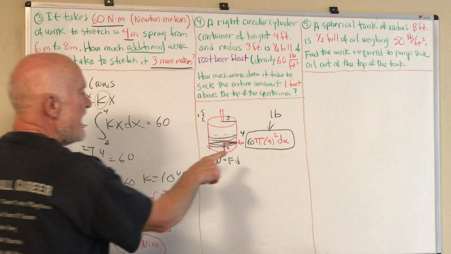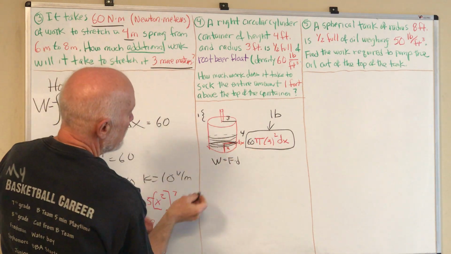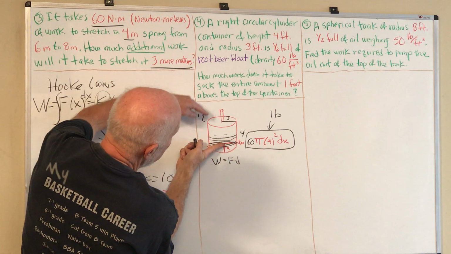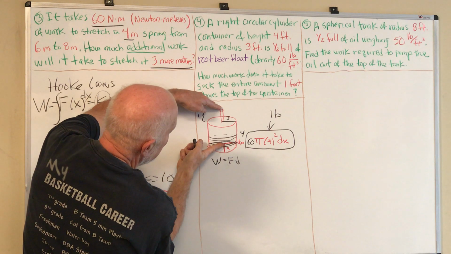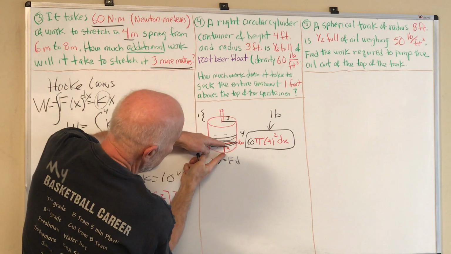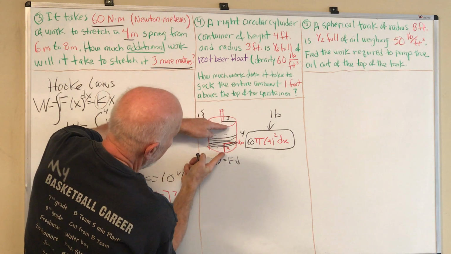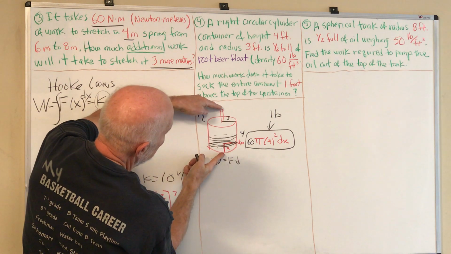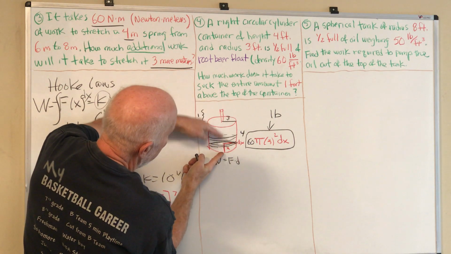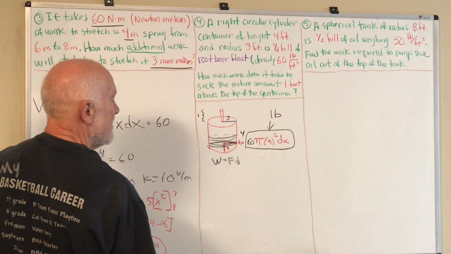Now, how far do I have to move this? Well, I have to move it from where it is up to here. Well, we know that this is x, and this is 4, and this is 1. So the distance you have to move it is 5 minus x.